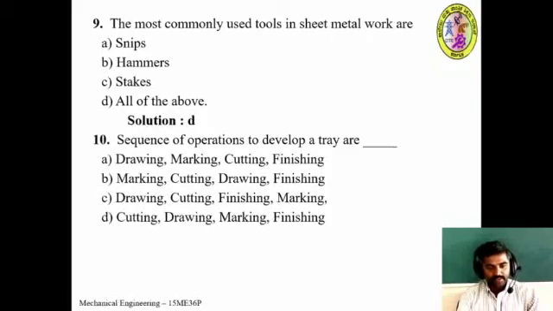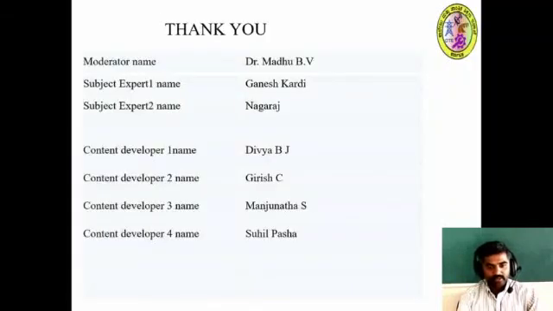The answer is A. That means first we need to make the drawing, then marking on the sheet, and then cutting the sheet, and finally finish the product, that is finishing. So the answer is A. Thank you all.